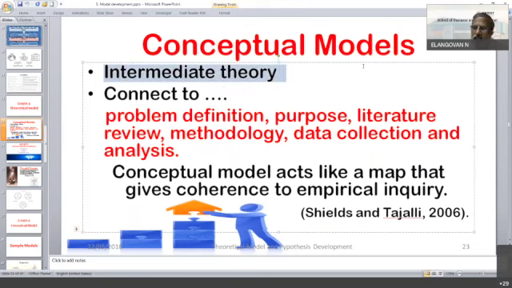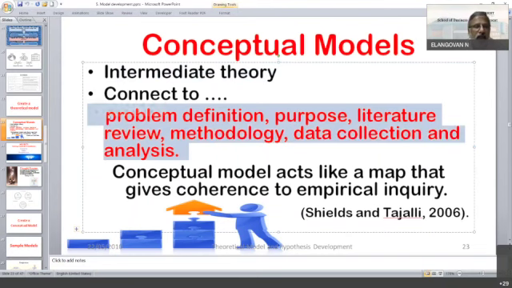A proven theory with some minor modifications, which is not yet tested, becomes the intermediate theory, or the conceptual model.